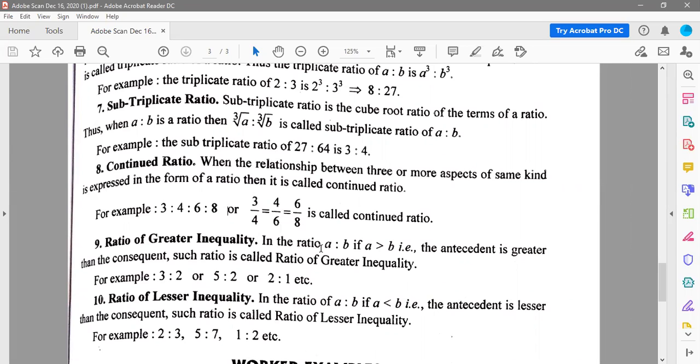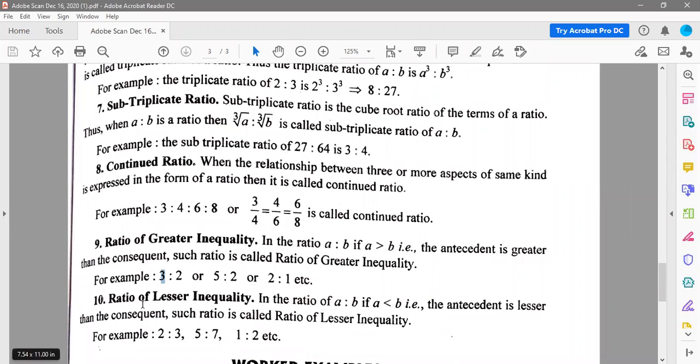So for example, 3 is more than 2, 5 is more than 2, correct? So the first term in the ratio is more than the second term. This is known as ratio of greater inequality.